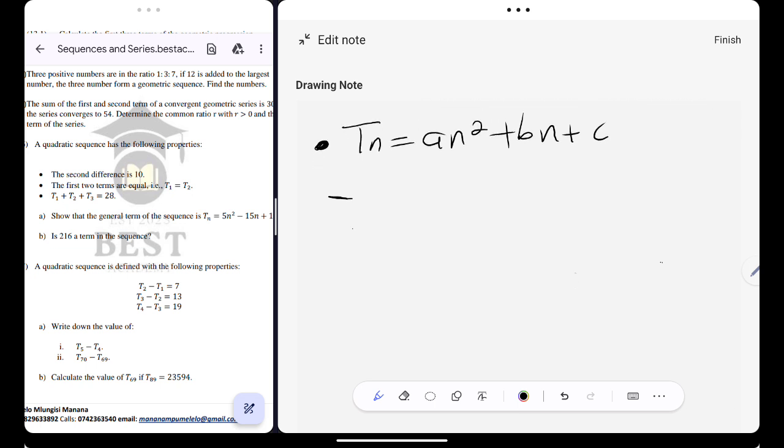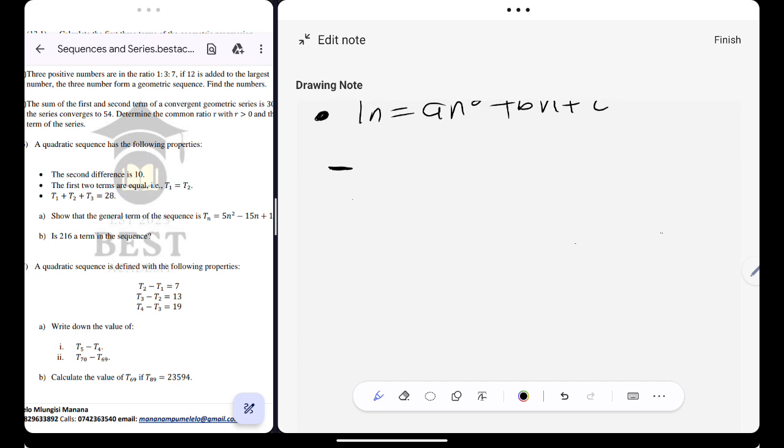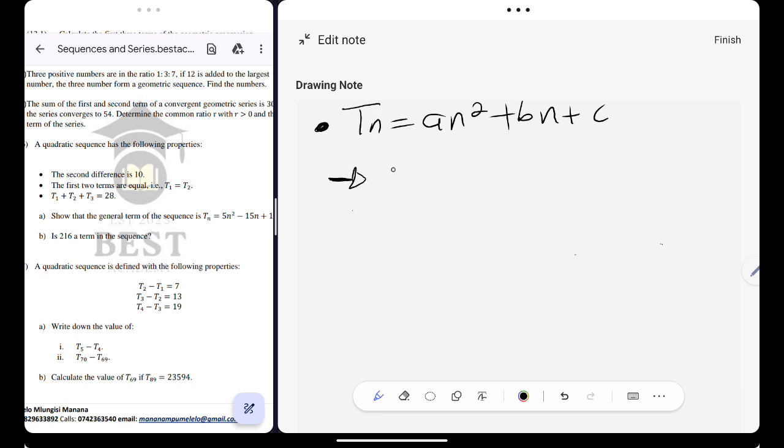There are two things that are mainly important for a quadratic sequence. The first one is that the first difference is arithmetic or linear.